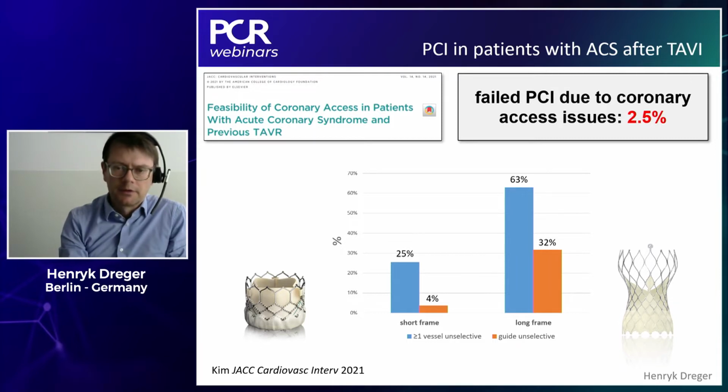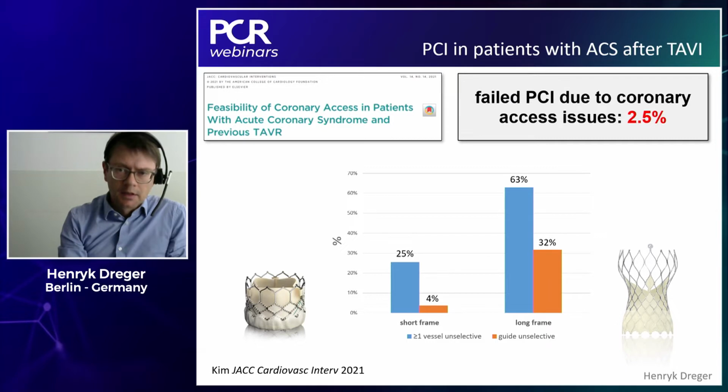And you can see here, confirming the data from the CT studies that I initially showed, which already gave us a good indication why we could have a problem engaging the coronaries, that this is indeed a problem also in patients that do have an indication for an urgent coronary angiogram. As you can see in this short diagram, in the long frame cohort about 63% of patients had an angiogram where at least one vessel was unselectively analyzed, and the guide was unselective in about a third of these patients.